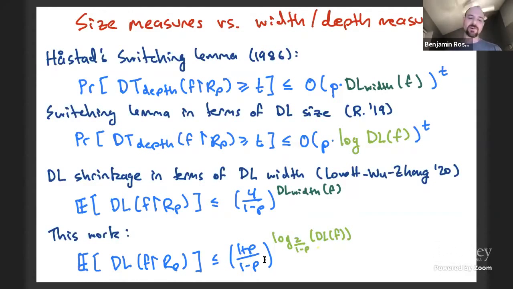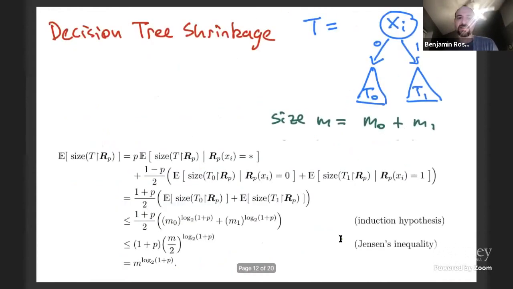Our result in this paper has a similar relationship to a recent result of Lovett, Wu, and Zhang, where they prove a shrinkage result for decision lists in terms of the decision list width. So you can see our result as being along similar lines, but replacing width with log of size.